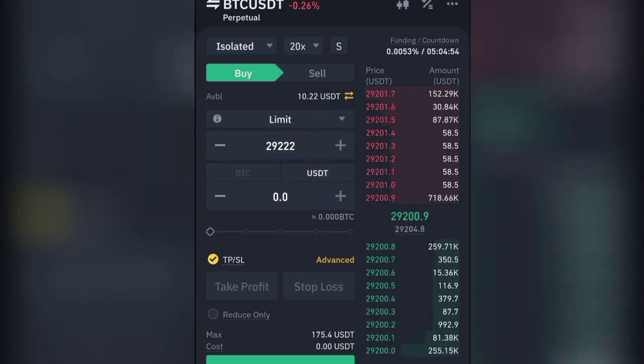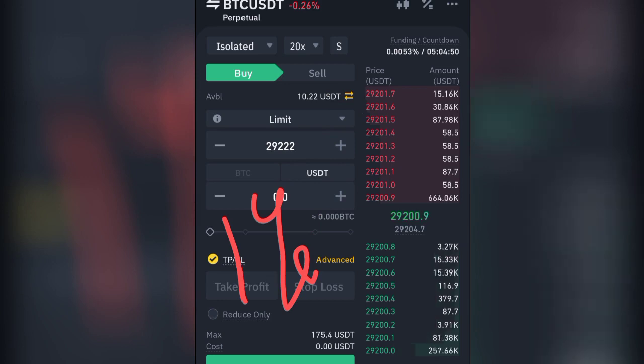If it makes just a 1% downward movement, you are also going to be losing 20% of your capital if you are using 20x leverage to long or short the trade. And if you are using 10x leverage, that means that you are going to be losing 10% of your initial capital.